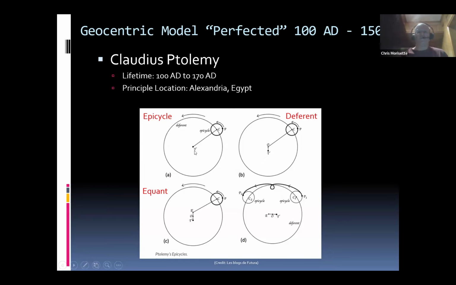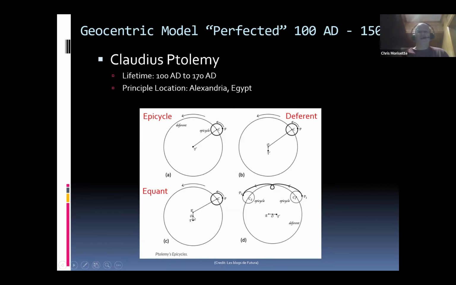Here's the Earth, and when he put this together, he actually went ahead and made an offset here of the Earth from the centroid of the deferent, which is the circular orbit here. So this is actually the center of the circle with Earth down here, and then the planet and the epicycle rotating in the pathway here.